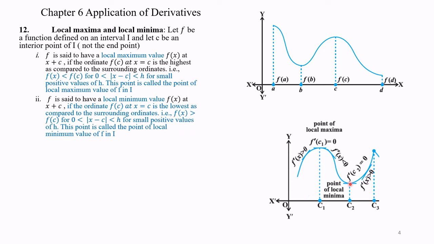So this is the minimum most. That is, f(x) is greater than f(c) on both sides, for small values of h. This is called the point of local minimum value.